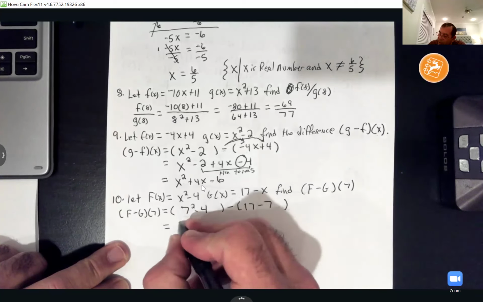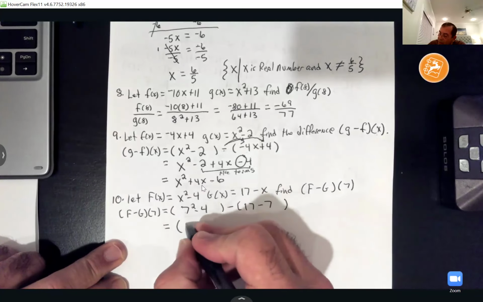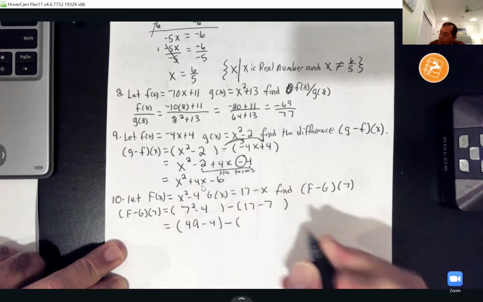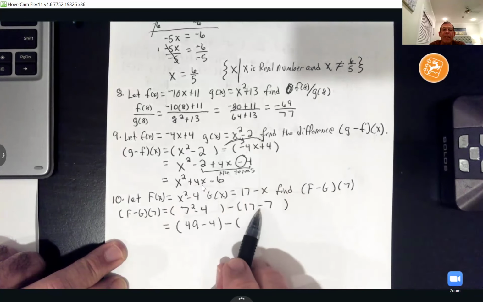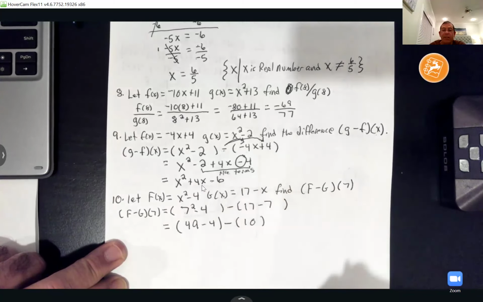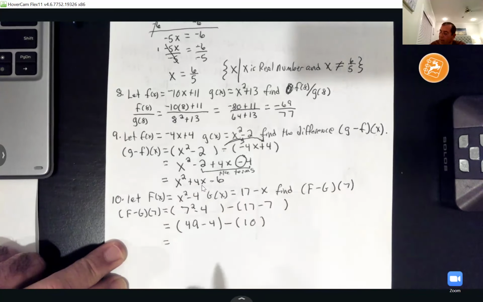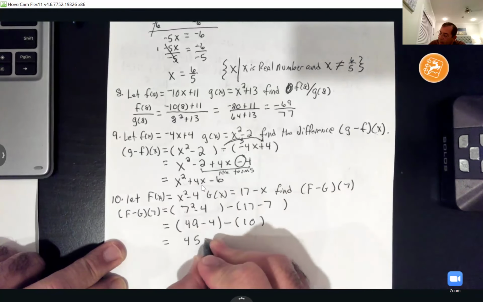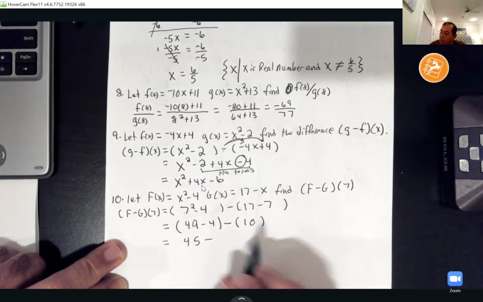So the first parentheses, 7 squared is 49 minus 4. The second one only has one step. 17 minus 7 is a 10. All right, y'all, first parentheses, 49 minus 4 gives me a 45 minus, all that's left over here was my 10.